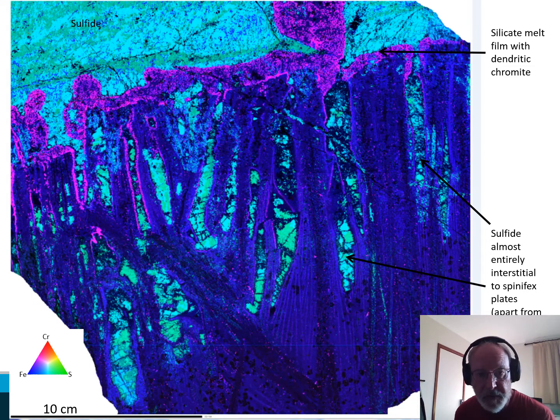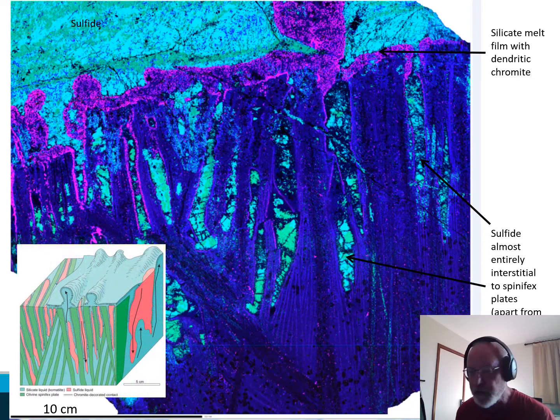And these are the olivine plates here that you can see, these little fans of sheets of olivine growing down from the top. And the sulfide's percolated in between them. And this purple stuff here is the silicate melt that's been pushed out from between the olivine grains, flows back up along the edge of the Spinifex grains and accumulates at the top, and then eventually floats up into the sulfide.